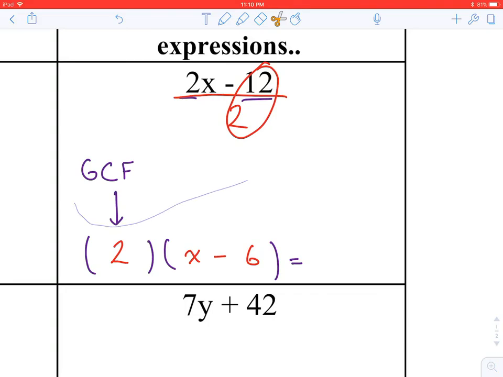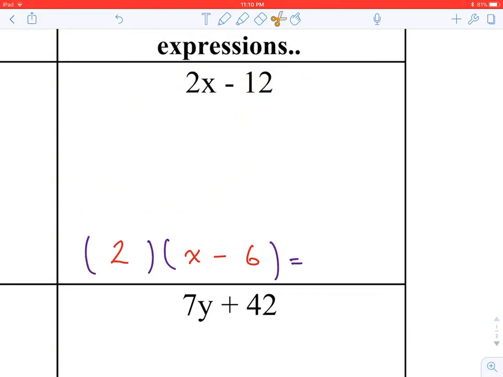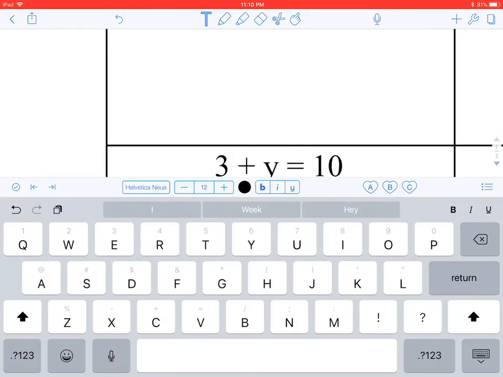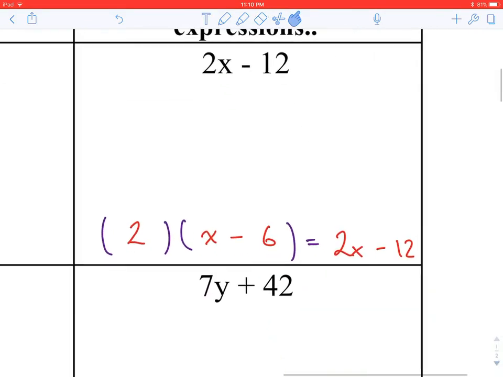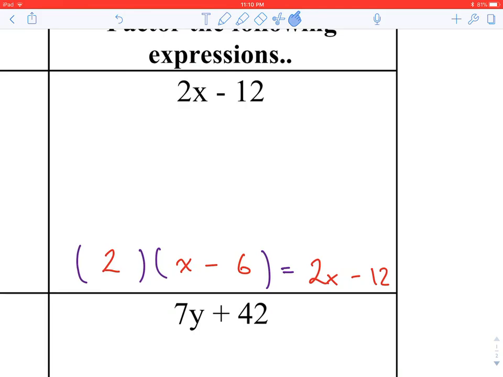Let me erase some stuff. 2 times the quantity of x minus 6 is the factored version of 2x minus 12. We can see that because 2 times x is 2x, and then 2 times 6 is 12, with the operation staying the same. When you multiply these two sets of parentheses, you end up with the same original expression.